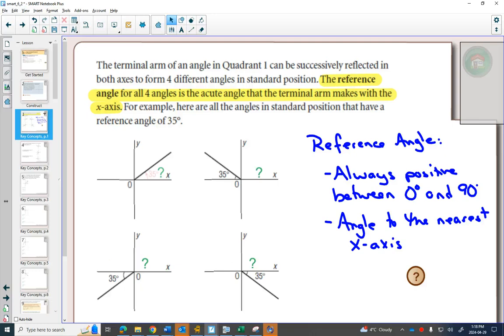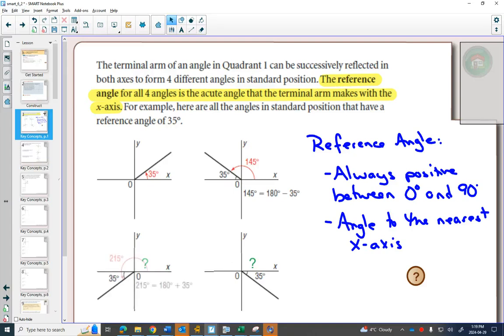So I have examples. If your standard angle is 35 degrees, your reference angle would be 35 degrees. But if you had an angle of 145 degrees, and remember, all those red angles are in standard position because they start on the positive x-axis, we would say that the angle of 145 degrees has a reference angle of 35 degrees.